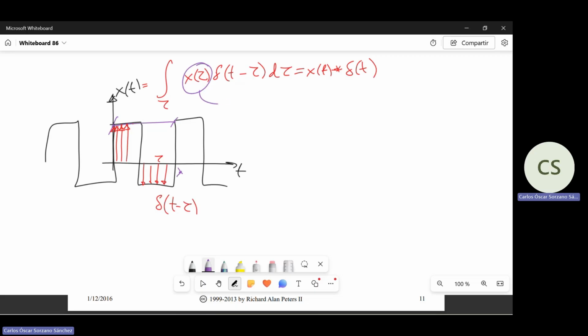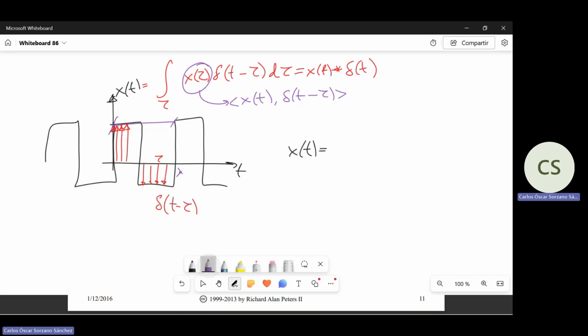What is this? This is the inner product between x of t and delta t minus tau. So what we are saying is x of t is an integral, and an integral and a sum are the same.